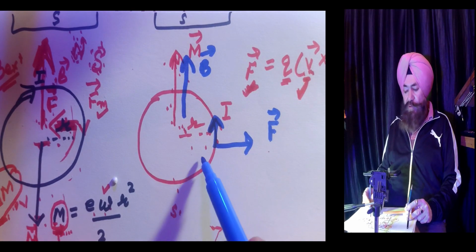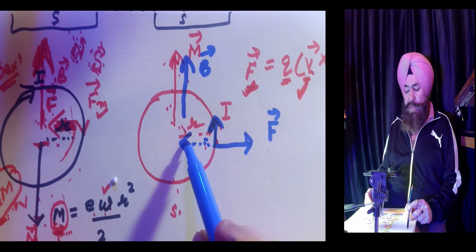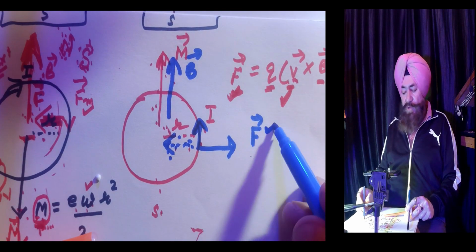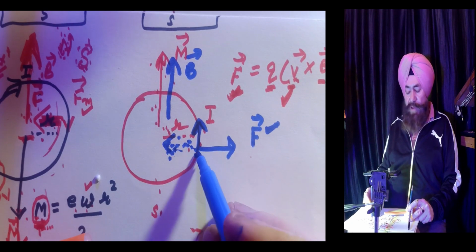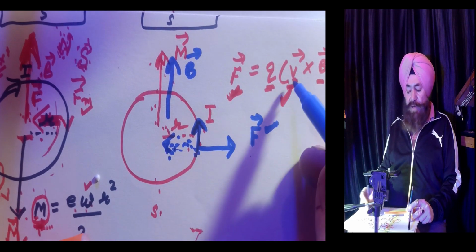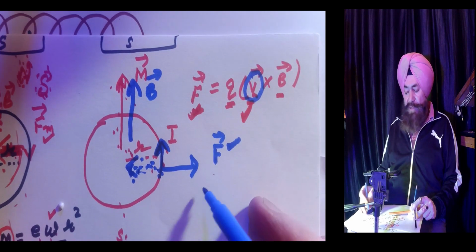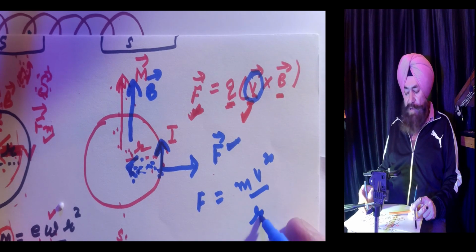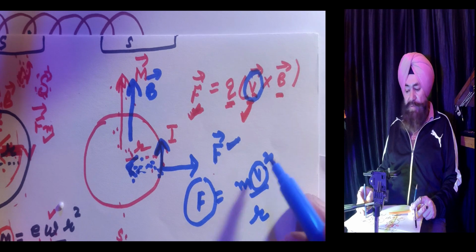Now this force is in the opposite direction to the centripetal force. So what happened? The centripetal force gets reduced. With the reduction of the centripetal force, the velocity decreases, because the centripetal force is equal to m v square upon r. If F decreases, the velocity decreases.